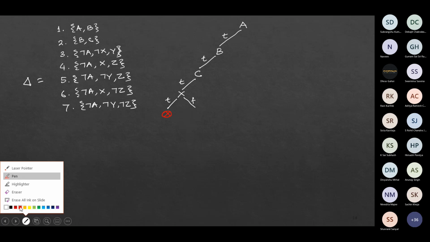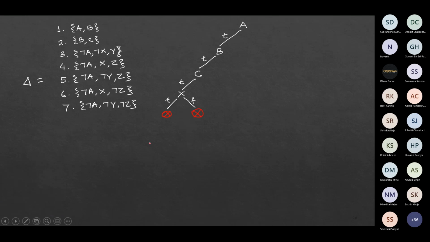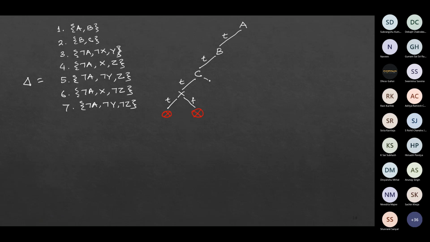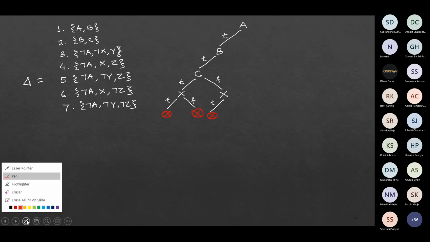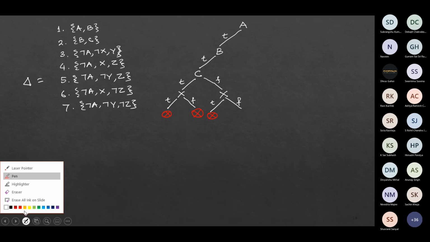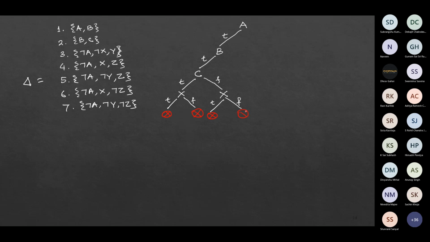I'm not doing this, you can check it out, right? As we get a contradiction in both the edges, we'll be backtracking to C and assign, say, F to C, right? Now, as we assign F to C, we have a choice for X, and let us assign T to X, and if we do that, we'll be getting another contradiction, and we are left with the option X equal to false, and if we do that, we get again a contradiction.